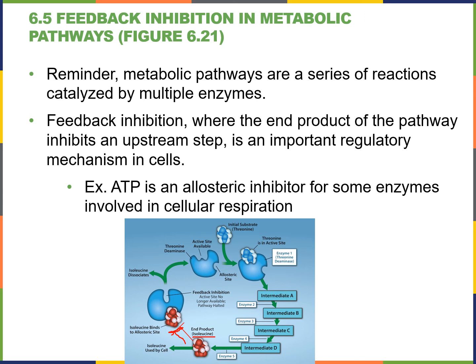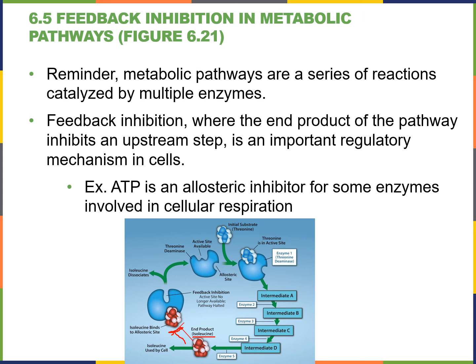So isoleucine will bind to threonine deaminase at the allosteric site and prevent threonine from binding to this enzyme's active site. And this effectively blocks the metabolic pathway. So when isoleucine levels decrease, threonine will then bind to threonine deaminase's active site, and the metabolic pathway will resume.